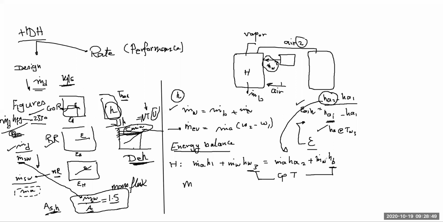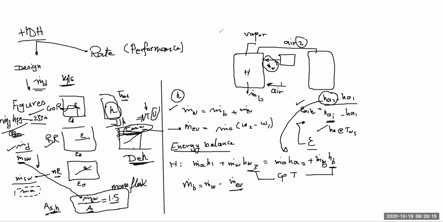To be more accurate, m dot brine is m dot water, which is always given, minus m dot evaporated. And m dot evaporated is m air times the difference in omega. That is as far as the energy balance for the humidifier is concerned.